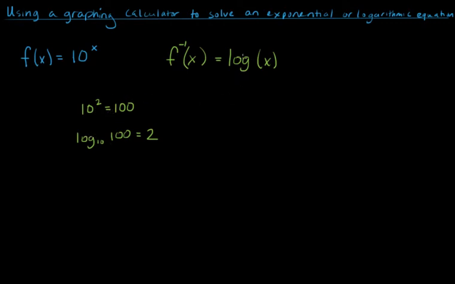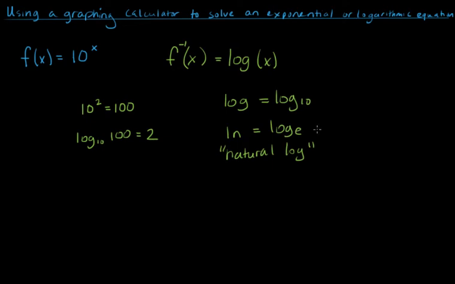The important things to know are that if you just write log, logs have to have a base, just like an exponential function has a base, and the base of the exponent is the same as the base of the log. But in your calculator, you're just going to see log, which is log base 10, and you're going to see ln, which is also called natural log, which is log base e.